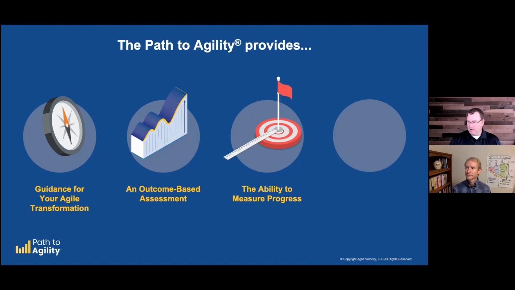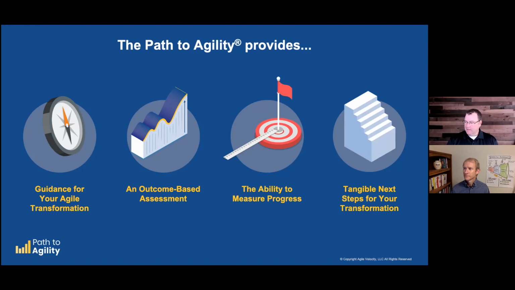We're also trying to make sense of progress. There are a lot of vanity metrics for agile transformations, like, hey, we launched 20 ARTs this year. Great, but are you any more agile than you were before? How do I assess the progress I'm making in an outcome and capability-based way?